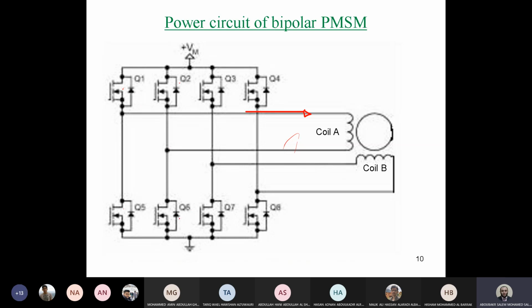So Q1 and Q6 will be used for this direction of current. Q2 and Q5 will be used for the opposite direction of current, like that. This is for the first coil. The other coil will be the same. So, in order to operate this circuit, guys, you need 2 full bridges.